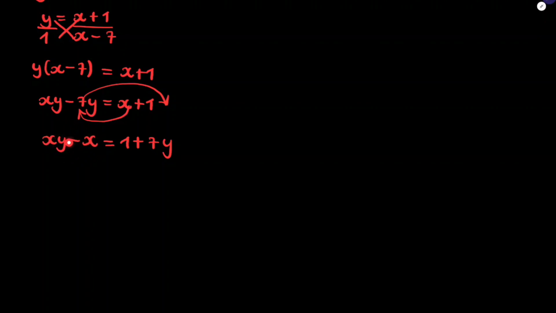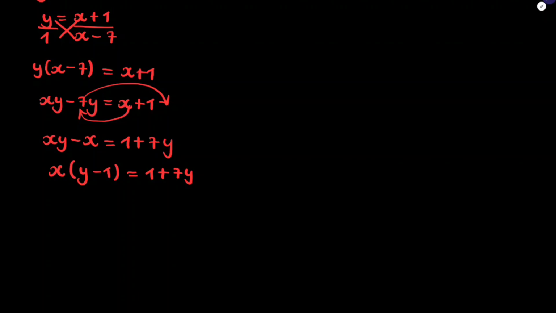We are seeing 2x, and we are also seeing y. So let's solve that. From here we can simply factor out x. So we will be left with y minus 1 equal to 1 plus 7y.